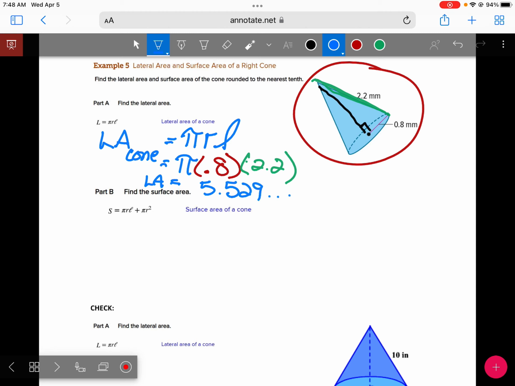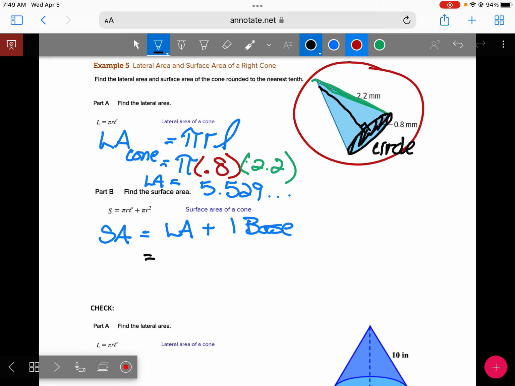Okay? So then surface area of this is equal to the lateral area plus your one base. And the base of your cone right here is the area of the circle. Okay?